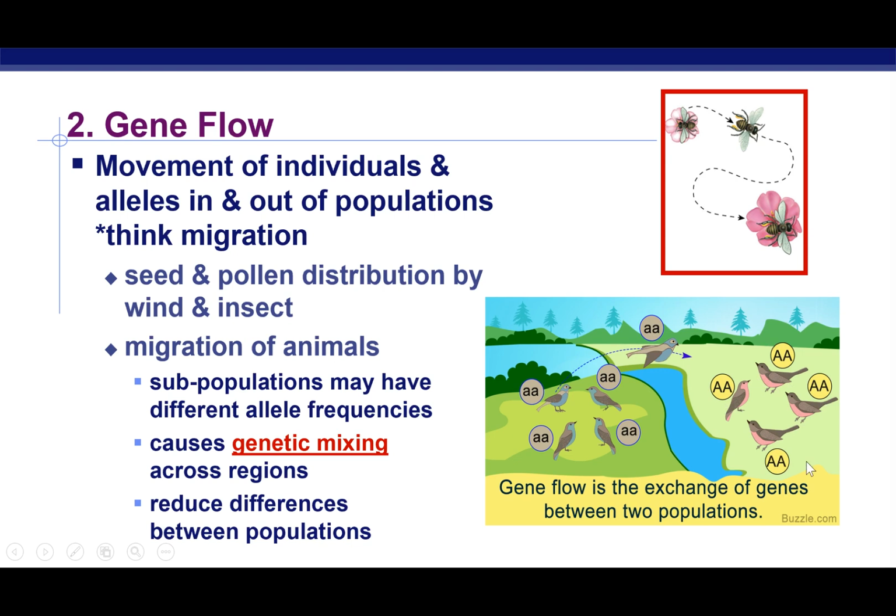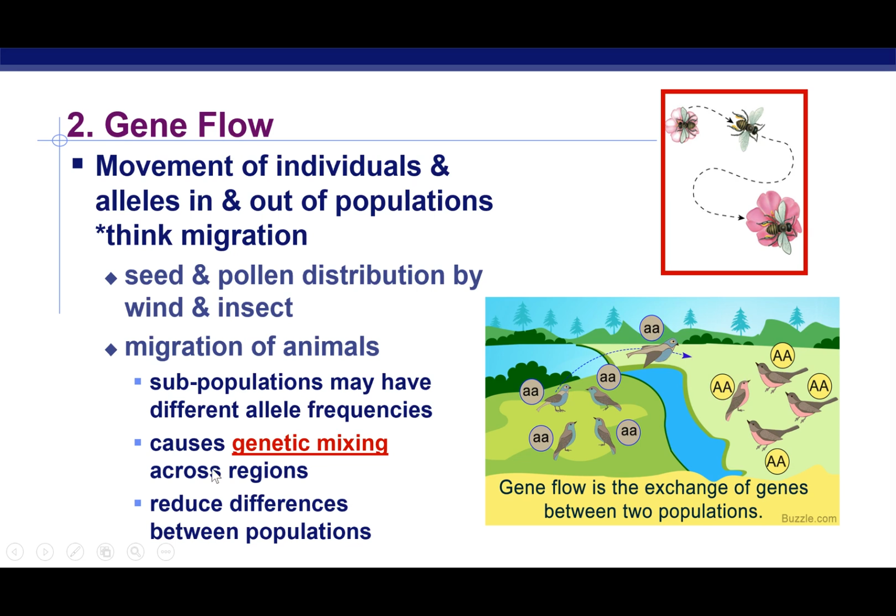So this population of birds had all homozygous dominant genotypes. This population had all homozygous recessive. When this bird brings its genes over to this population, you're already doing the mental Punnett square, right? It's going to be 100% chance of having heterozygous offspring, but now you've introduced the recessive allele into this group of birds when it wasn't there before.